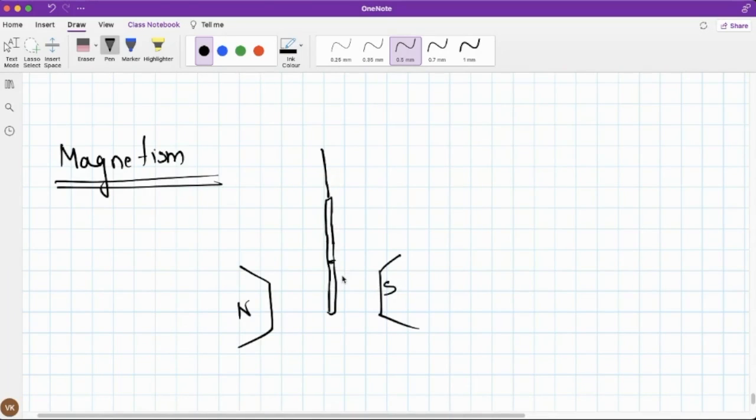In the Gouy tube you have the sample. So you can keep the sample in the tube and measure. This is connected to a balance.